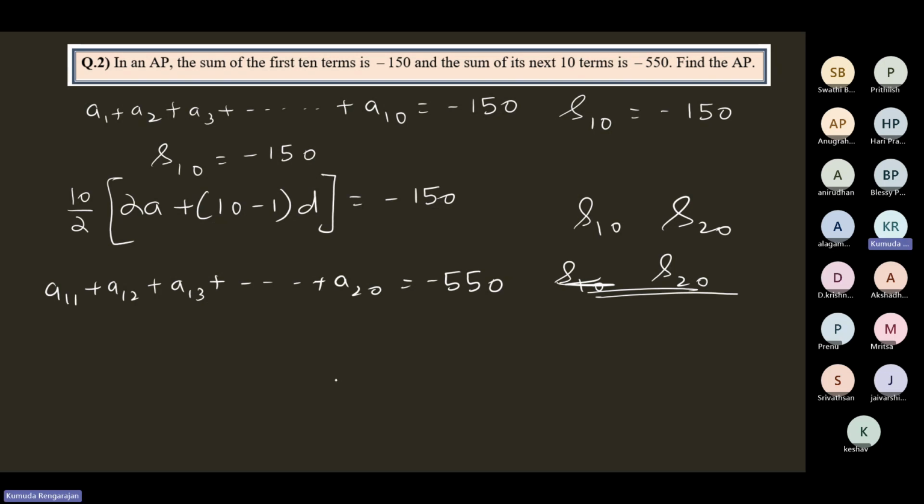For now, I'm not telling you, but it is actually S20 minus S10. The sum of the first 20 terms minus the sum of the first 10 terms is the sum of the terms from the 11th to the 20th. But there is no single symbol to represent it, so we'll talk about this later.